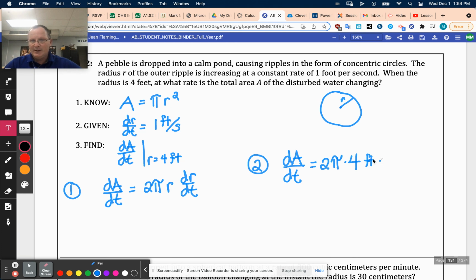And dr/dt was 1 foot per second. And that just keeps up with all the units and everything. And so what we got here, 2 times 4 times 1, is 8 pi, and the units just work out perfectly: square feet per second. Oh my gosh, I love it.